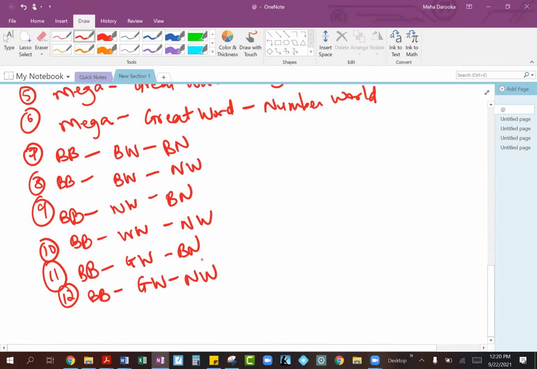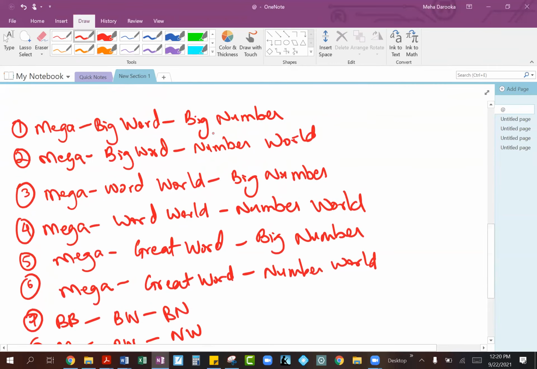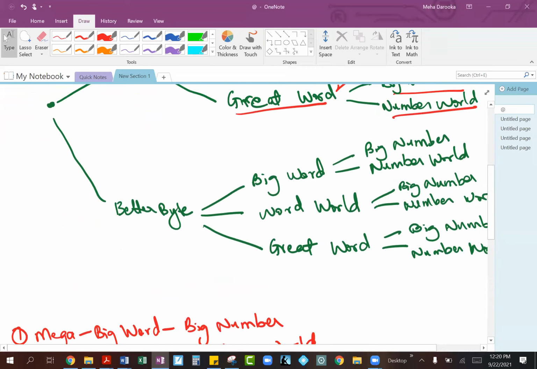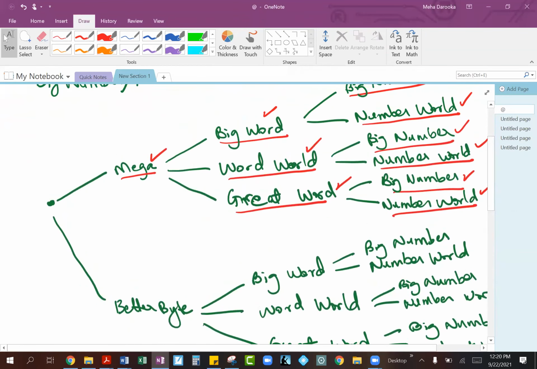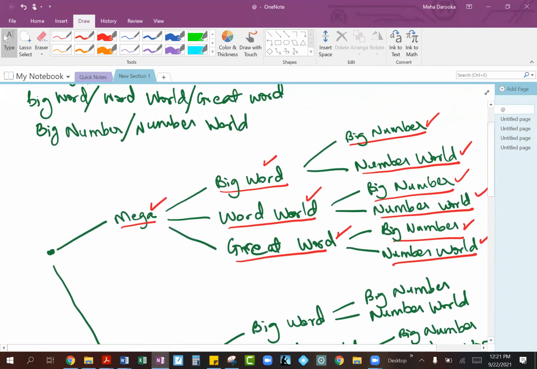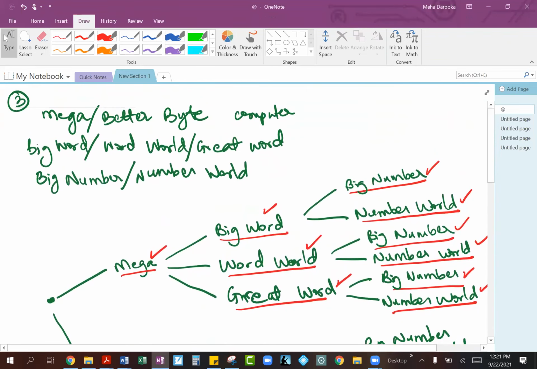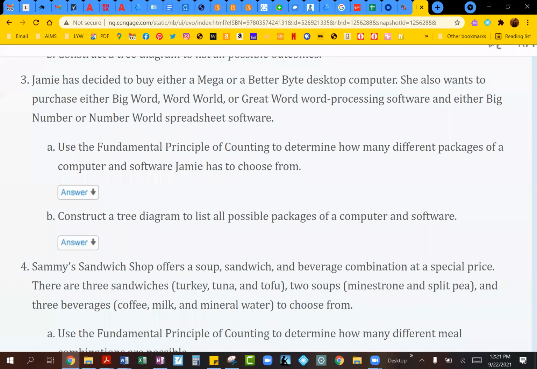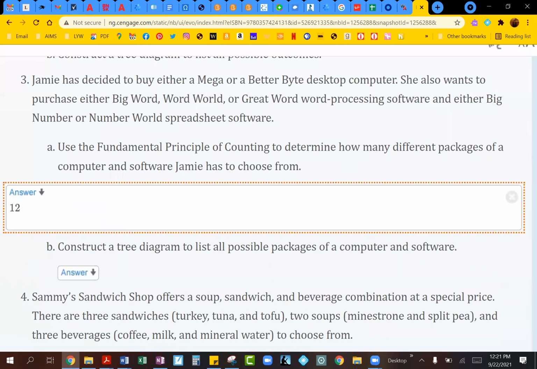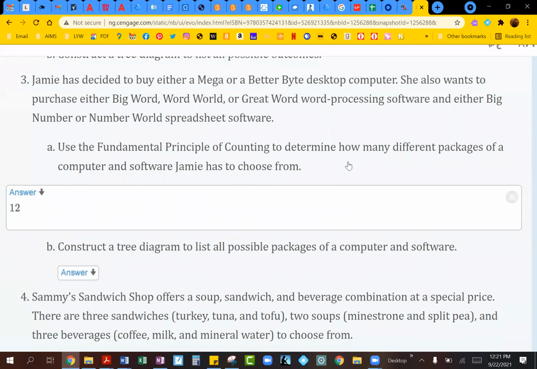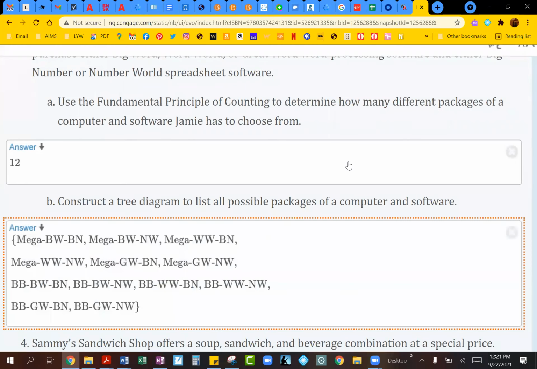But you can see these latter options match what you had in these first 6 ways. So that's kind of how the tree diagram helps you out with creating the different possibilities. But then as far as just coming up with how many numbers you have, remember, this is where we multiply 2 times 3 times 2 to come up with the 12.